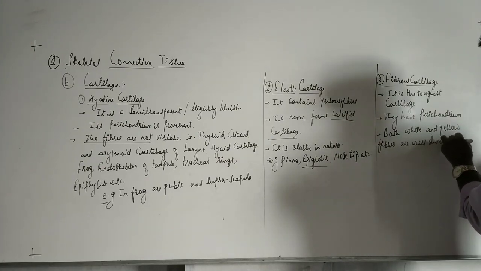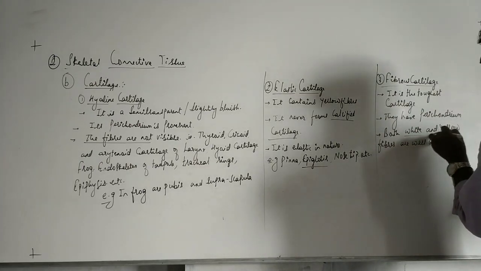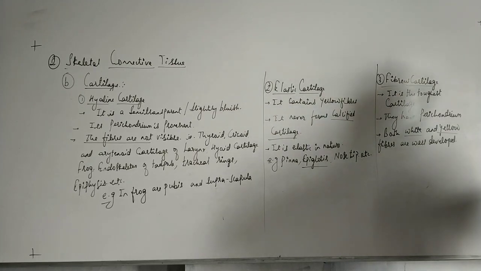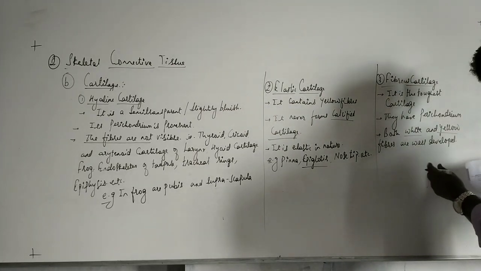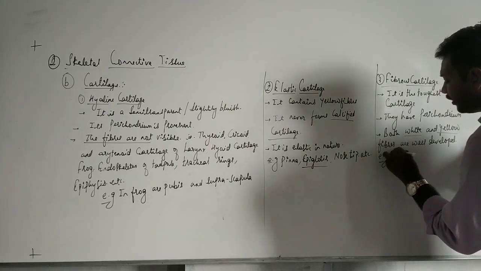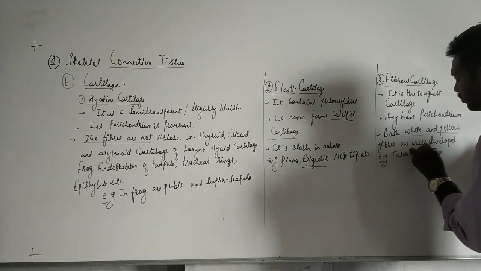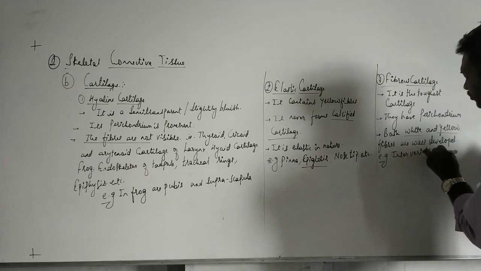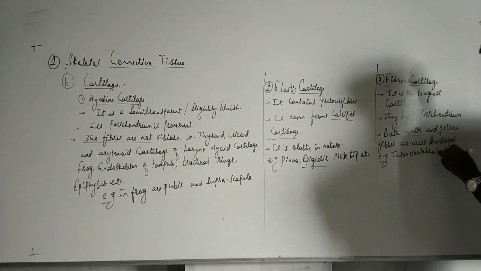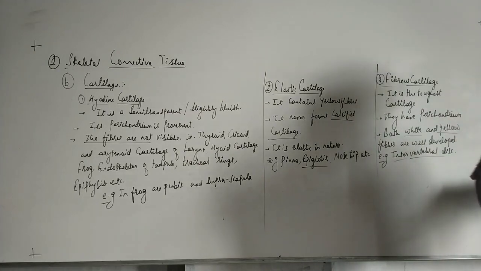Okay, so in this type of cartilage, both white as well as yellow fibers are well developed. Okay, that means it has the collagen as well as elastin. Then example, intervertebral disc.